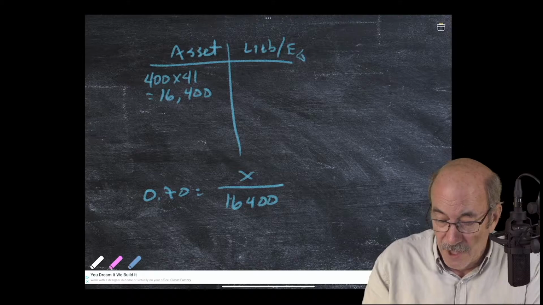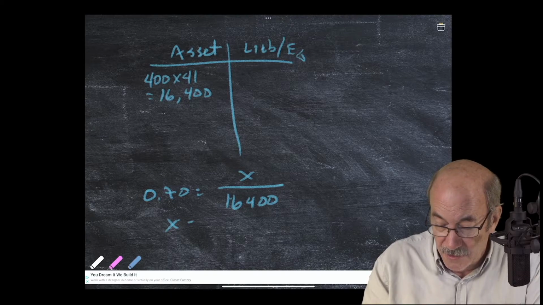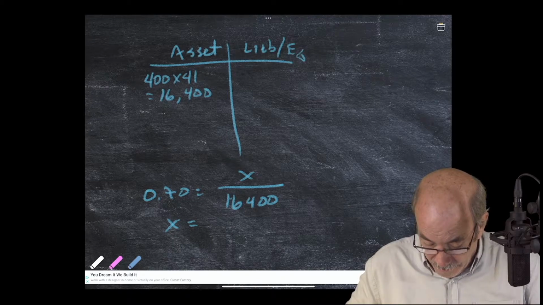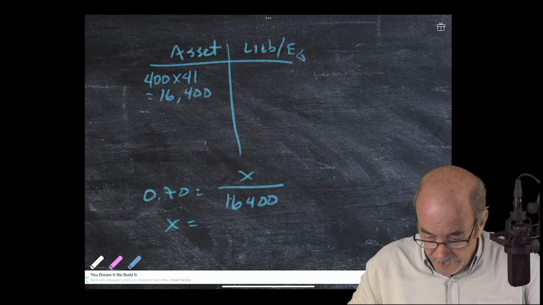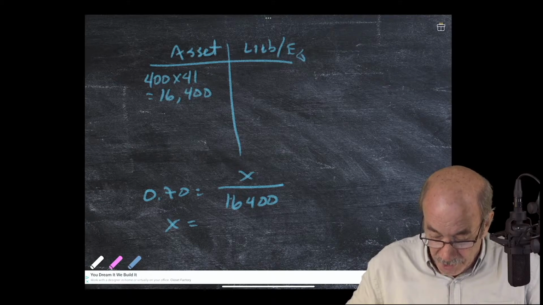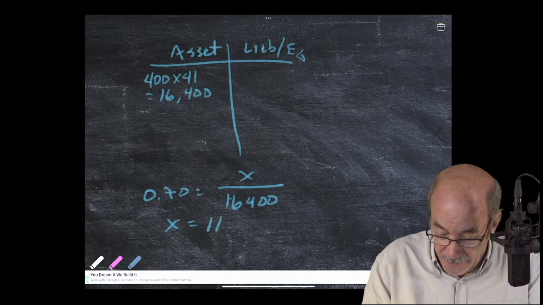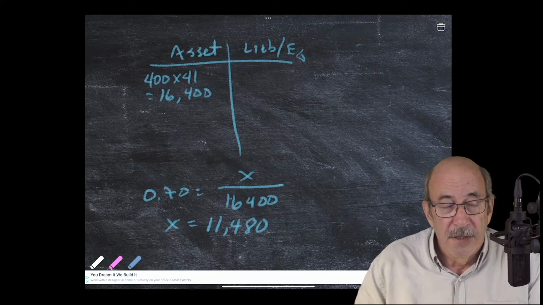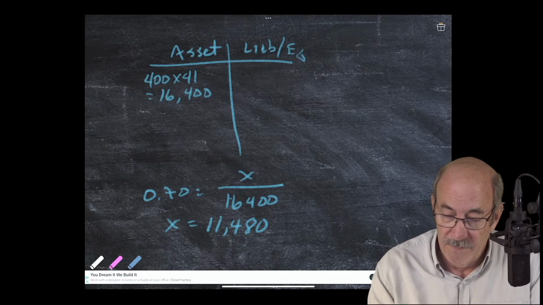So we solve for X, and it turns out that X is equal to 16,400 times 0.7. So I get 11,480. Now that's the initial margin deposit.